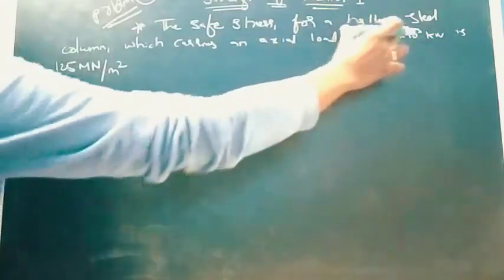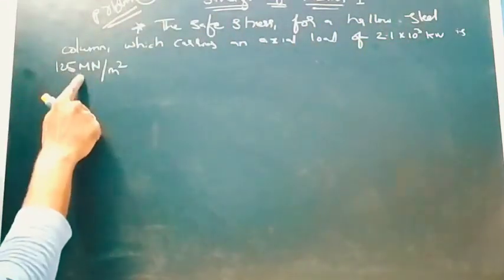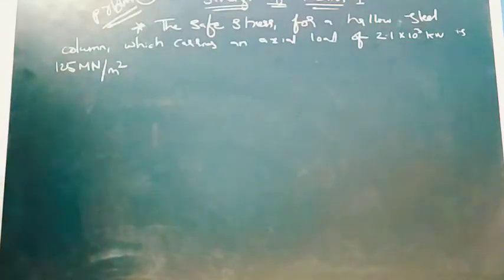So this hollow steel column is carrying an axial load, and the safe stress is given, that is 125 meganewton per meter square.